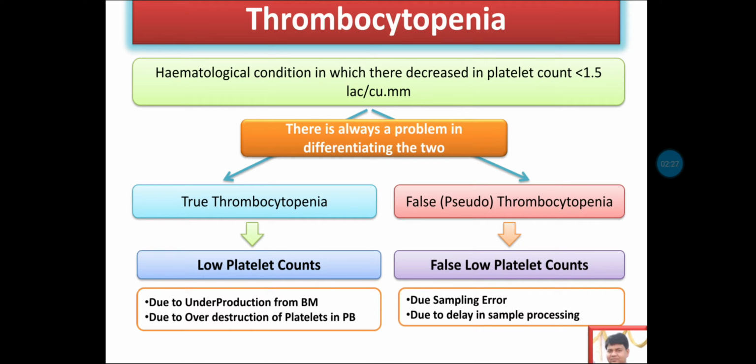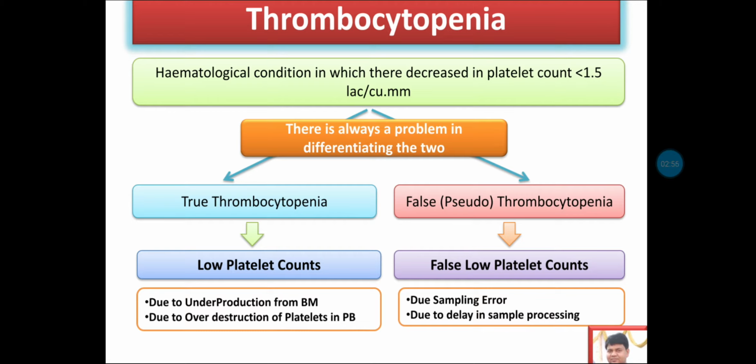Basically, when we take the blood sample, it is taken in an anticoagulant, and the proportion of anticoagulant is very important. Sometimes the technician takes 1 ml of blood instead of 2 ml, and because of this disproportion of anticoagulant and blood ratio, there are enough chances of abnormal platelet findings on the CBC.